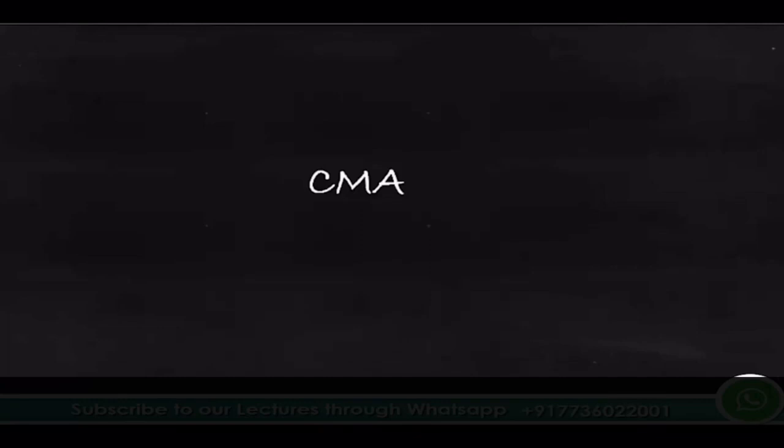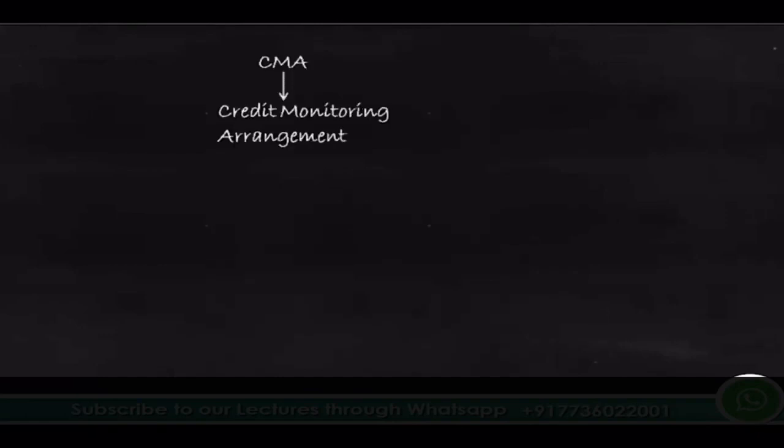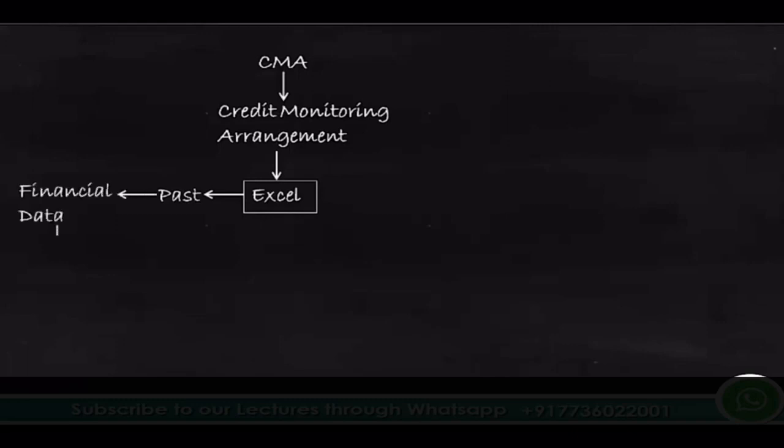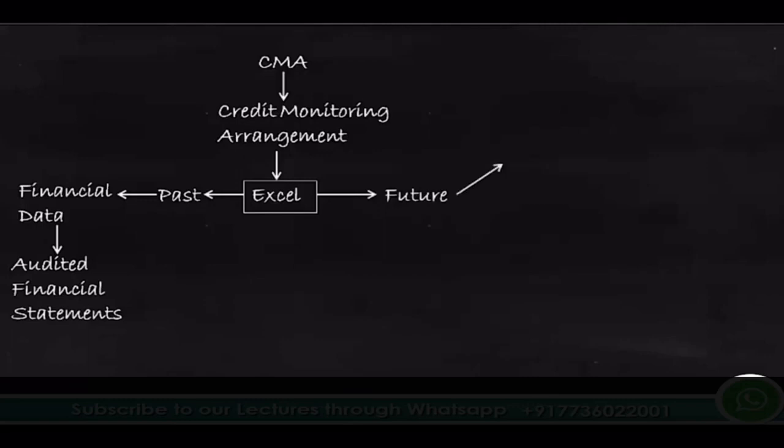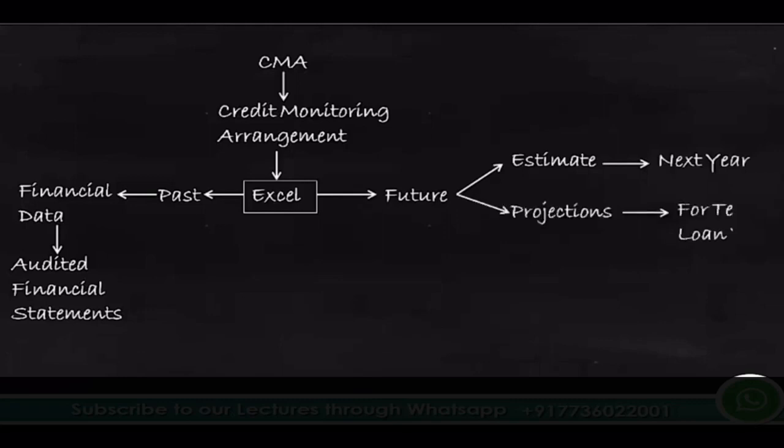Friends, in this session we'll be understanding what is CMA. In banking, CMA is called Credit Monitoring Arrangement. This is nothing but an Excel sheet which will give information about the past of the customer in financial data, which is basically lifted from audited financial statements, and it will also give a picture about the future, that is, what they have as an estimate for the immediate future, that's next year, and what they have as long-term plans for their term loan tenors, which are called projections.